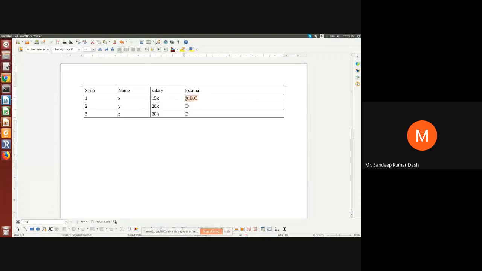In order to meet the requirement, I can represent it in multiple rows. I can insert more rows here. X will be repeated, here this one also will be repeated.